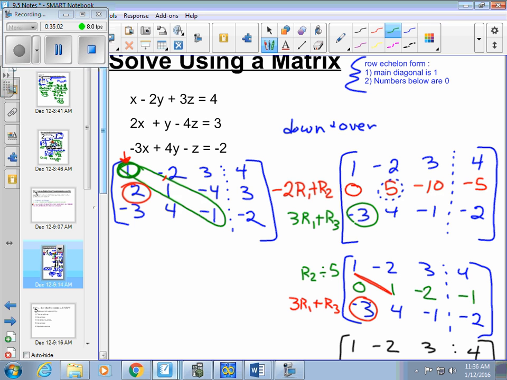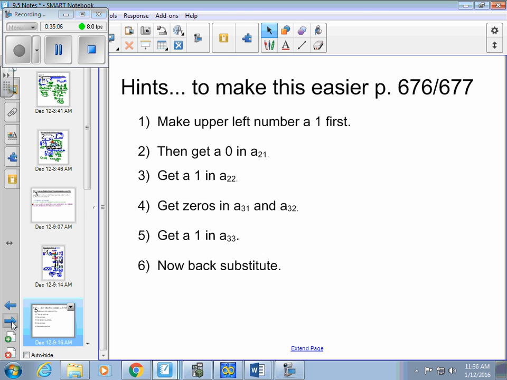But that slide that's here talks about making your upper left number a 1 first. If you can interchange your rows, do it. If one of yours starts with a lead coefficient for x of 1, move that row to the top. That part's done. Get a 0 in A21. Remember we talked about our row, that's our second row in our first column.